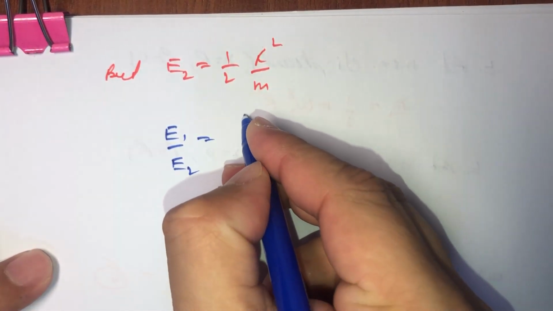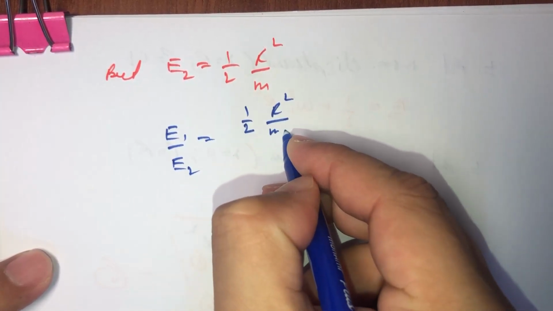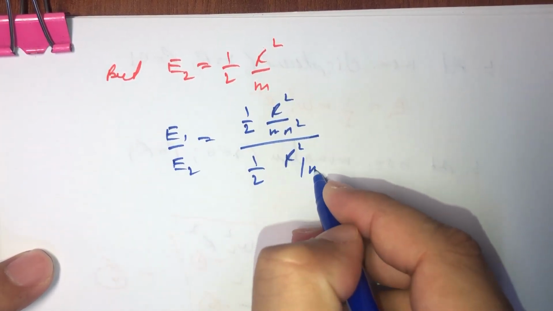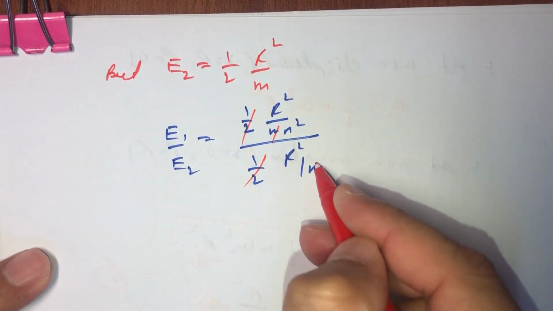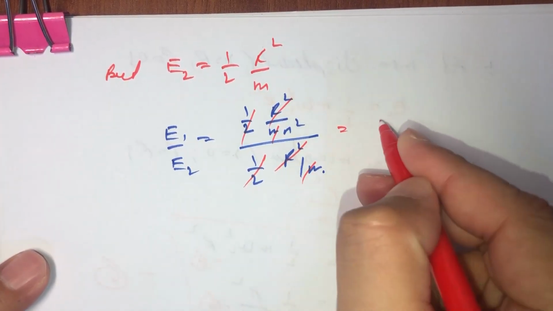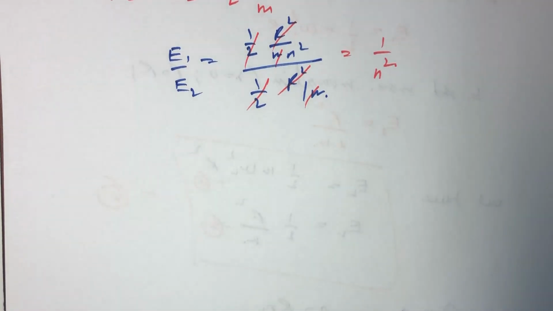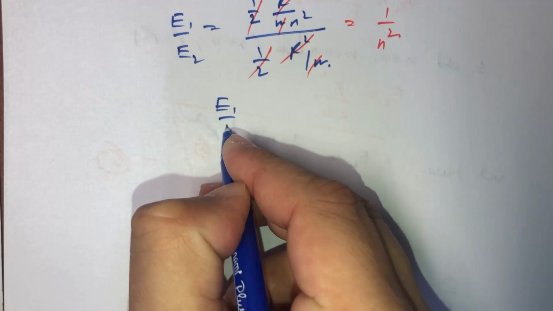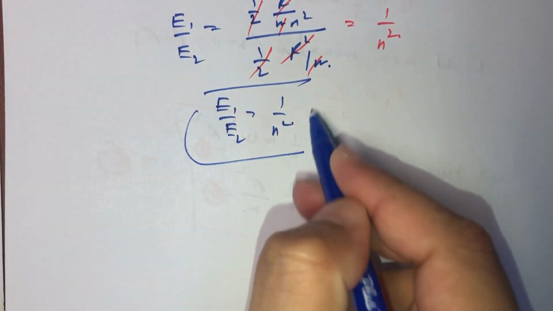So we get this as half r square m n square divided by half r square m. And in this case, half m goes away, square and square go, and this comes as 1 upon n square. So let me write it here that E1 upon E2 is equal to 1 upon n square.